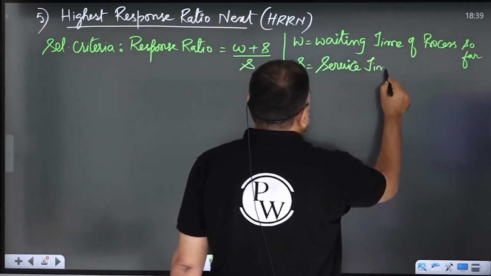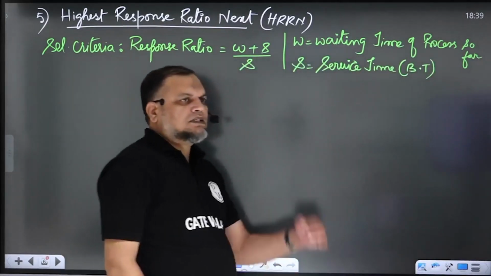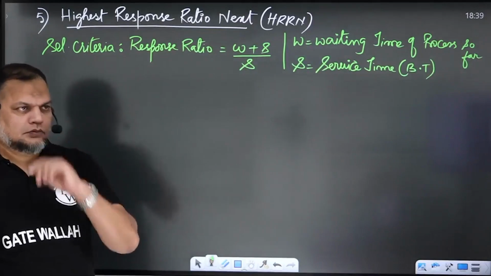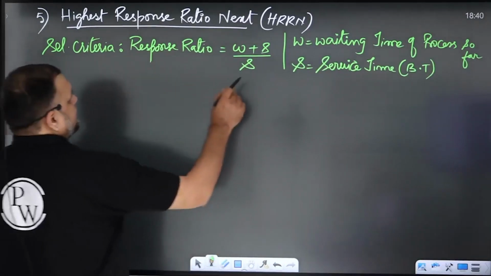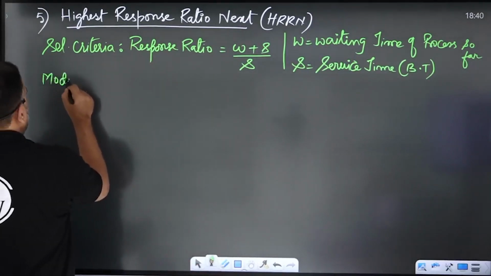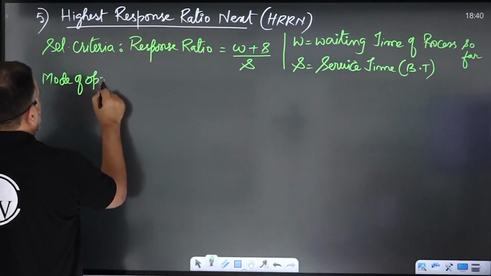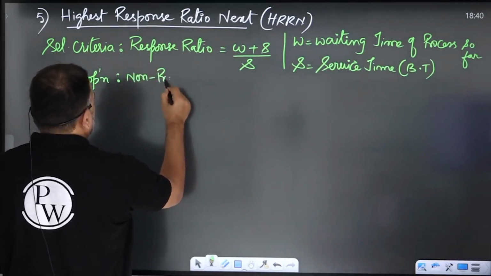If nothing is mentioned, you can take service time as burst time. Otherwise, service time may also include IO burst, right? So this is (W + S) / S. The mode of operation is non-preemptive, because we are comparing with SJF.